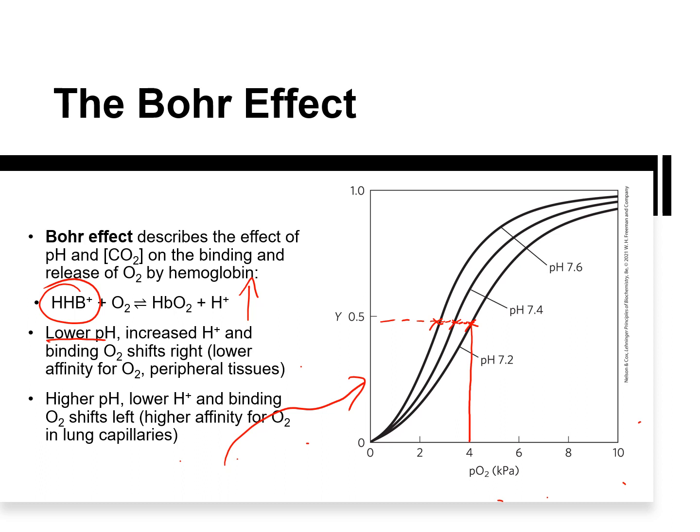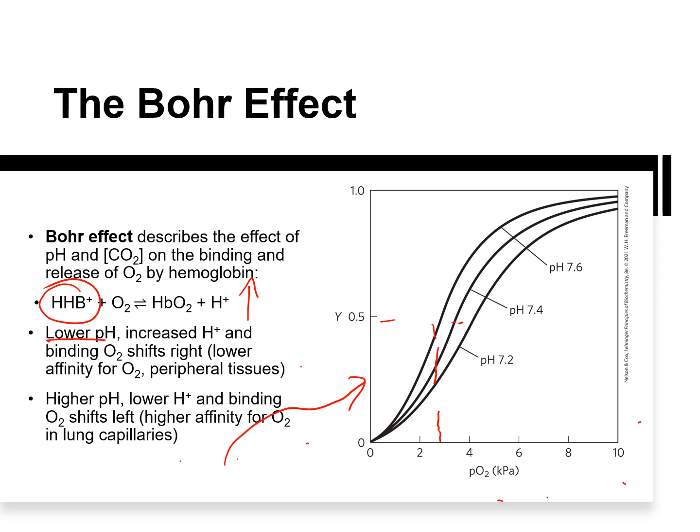At a pH of 7.6, alternatively, we only have to get to a partial O2 pressure of, let's say, 2.6 kilopascal.